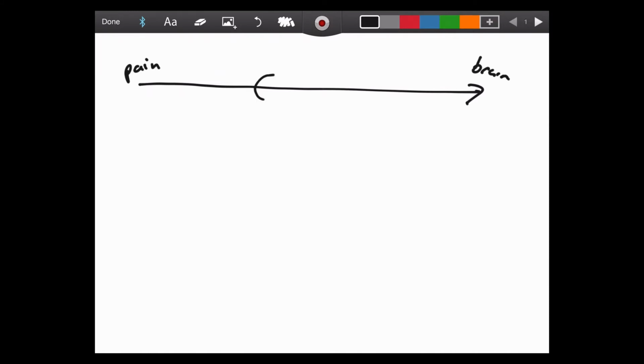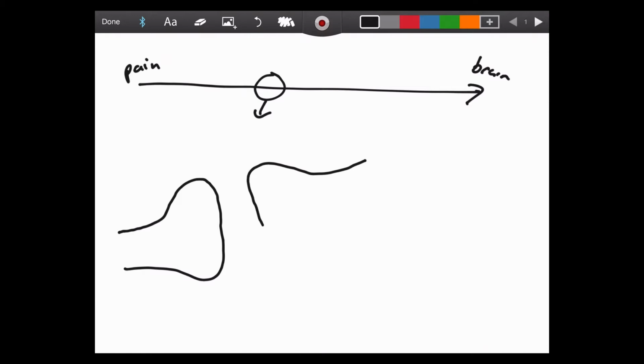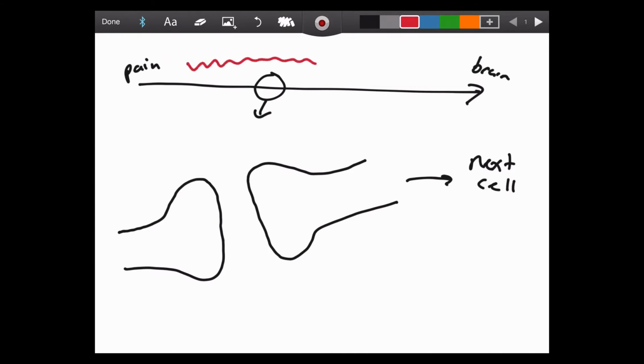Now we're going to look at a small part of this and look at two neurons along the way. I'll microscope it down here to one terminal button, and here is another dendrite that's going to go on to the next cell. Remember, information is going along this way, from the pain to the brain, we'll call it.